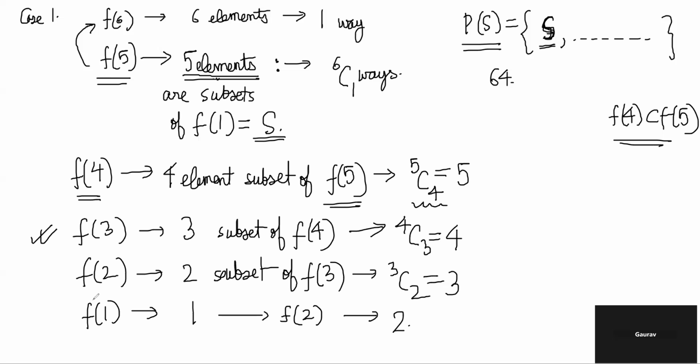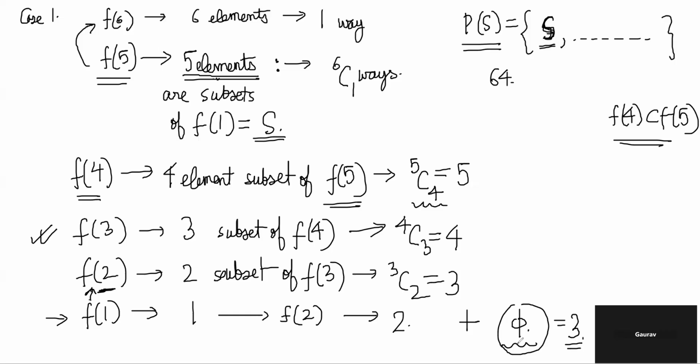There are 2 ways if f of 2 is a 1-element subset, and there is one additional way where it can be the null set also, f of 1, right? So 2 ways for it to be directly a subset of f of 2, but there is a null set also. So the total number of ways is 3.